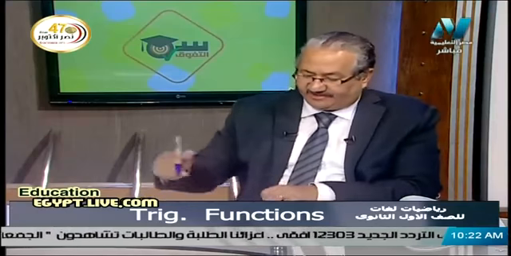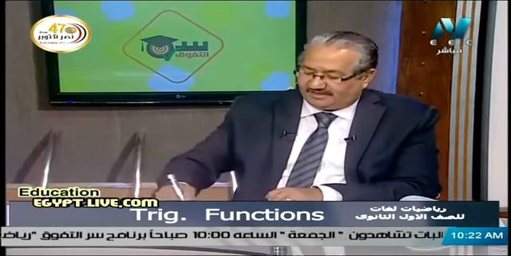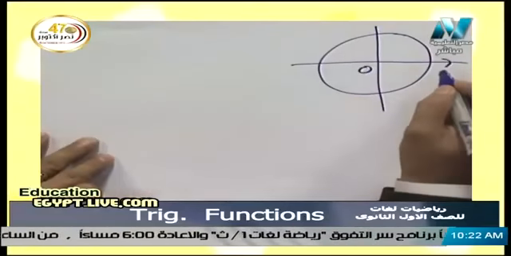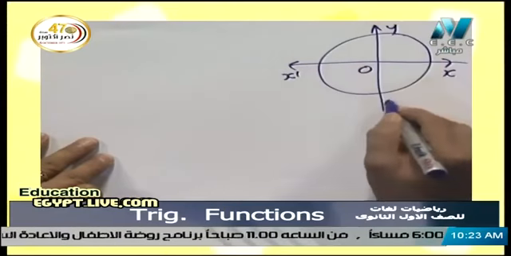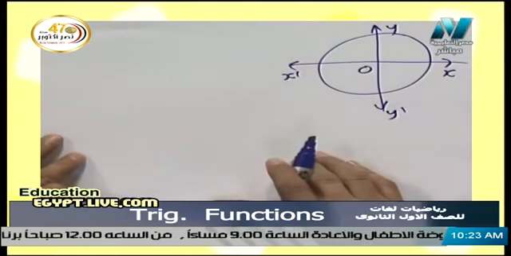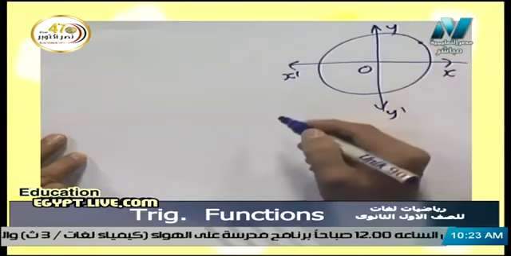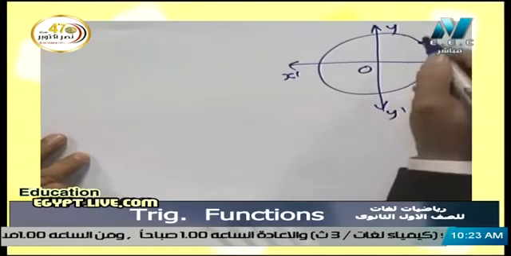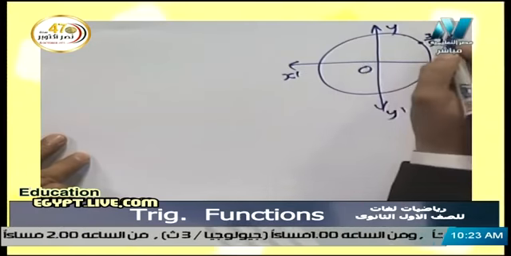If we have a unit circle here, like that, and we have the origin here, this is the x-axis, and this is the y-axis, and there is a point A, and its coordinates are 3/5 and 4/5.